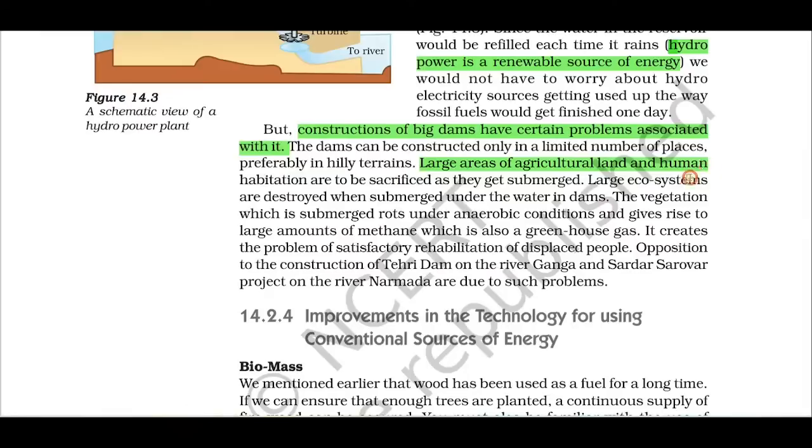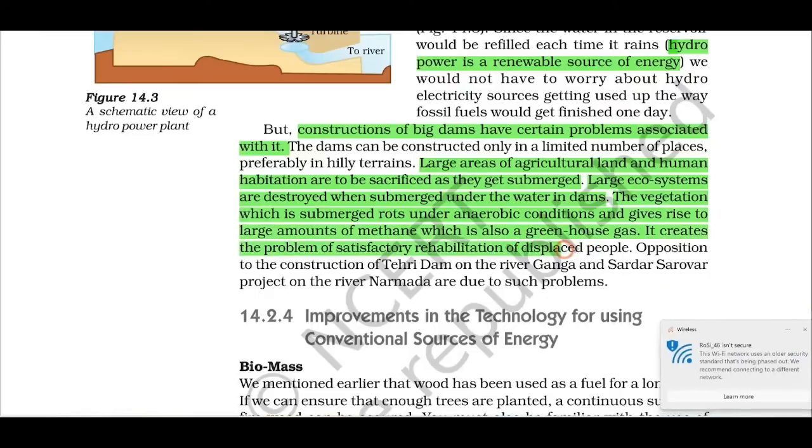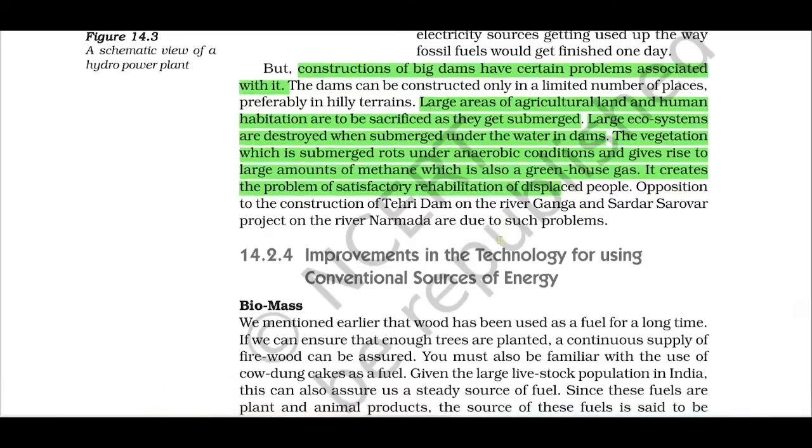Large areas of agricultural land and human habitation have to be sacrificed, as they get submerged. Large ecosystems are disturbed when submerged under the water in the dams. And also the vegetation which is submerged rots in the anaerobic condition and gives rise to large amounts of methane gas, right? These are the disadvantages of construction of dams.